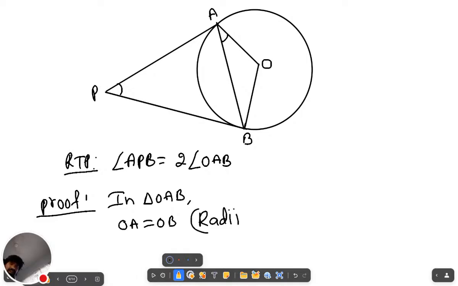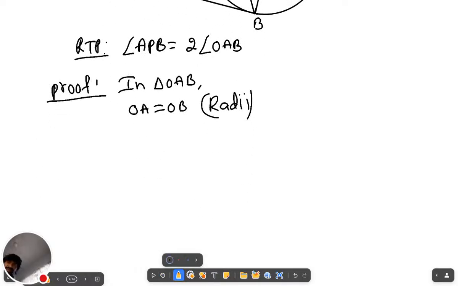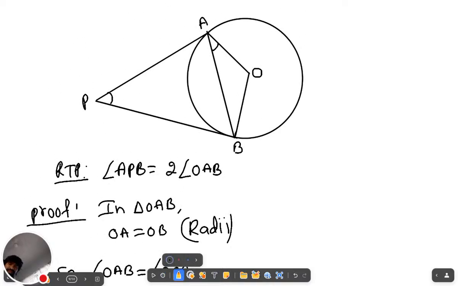When OA and OB are equal, we know that angles opposite to equal sides are equal, meaning angle at A is equal to angle at B. So therefore we can say that angle OAB is equal to angle OBA.